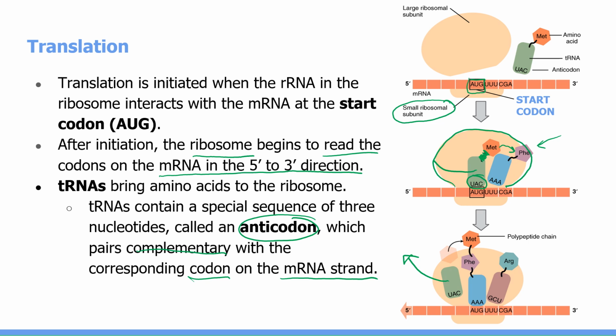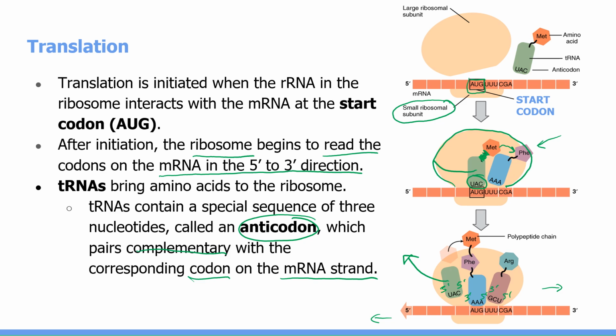So again, this direction we see is 5' to 3' direction. So it's moving in this direction here. Okay, so being read, and then the mRNA is moving this way. So this must be the 3' to 5'.